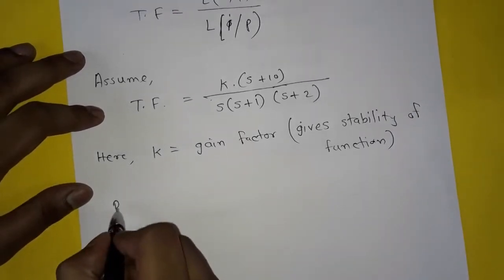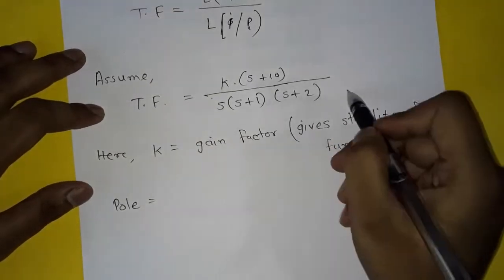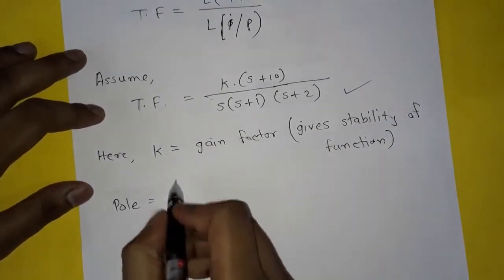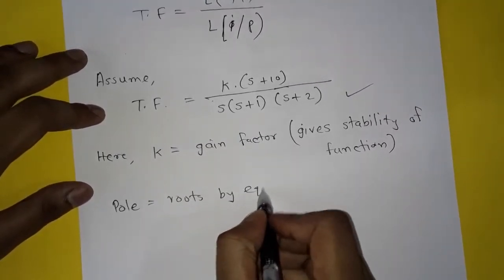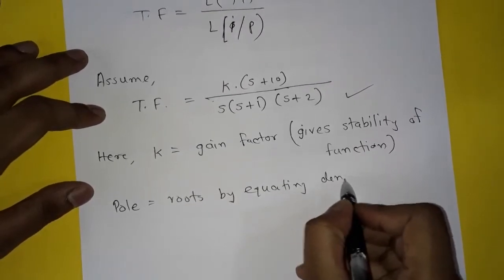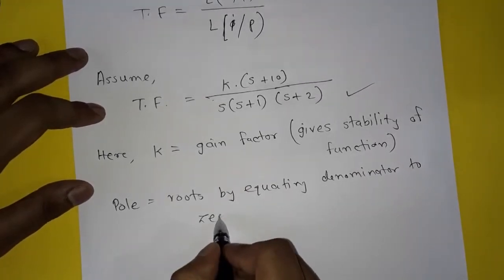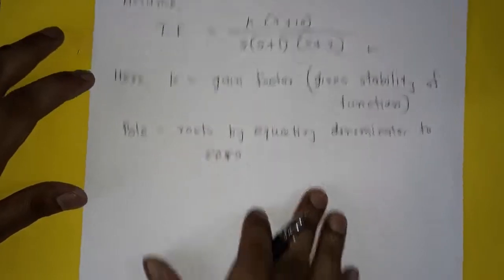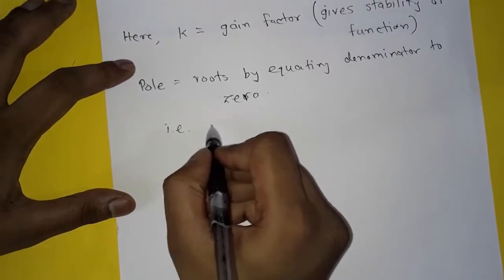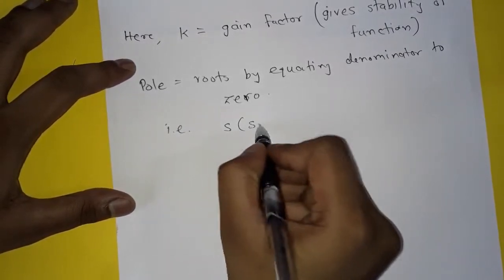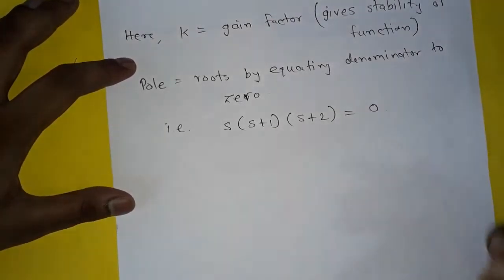Here the pole is obtained by equating the denominator to 0, that is, roots by equating the denominator to 0. Here s into (s plus 1) into (s plus 2) is equal to 0.